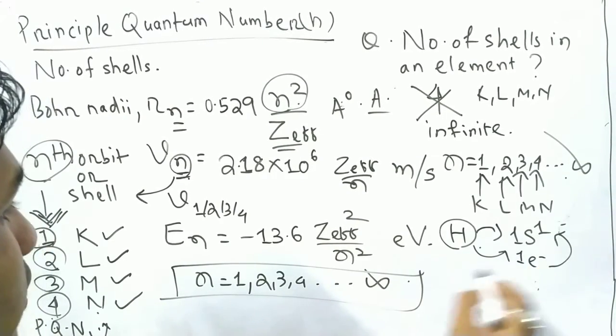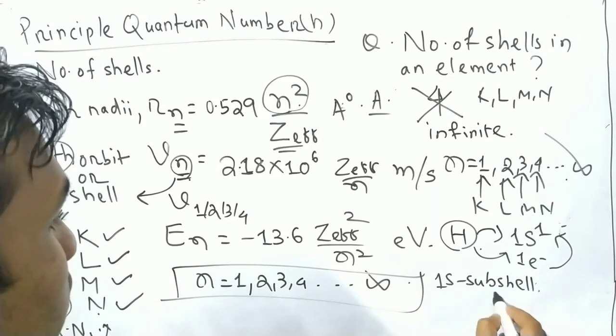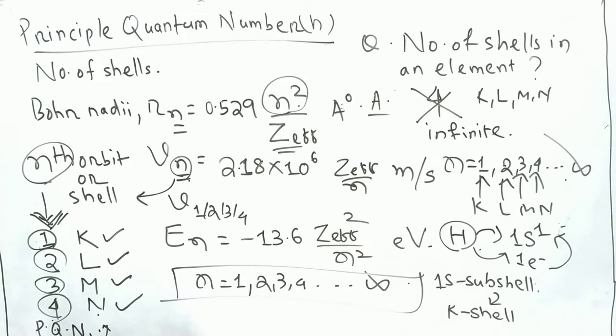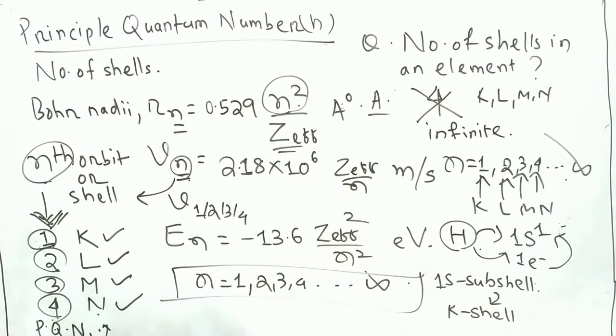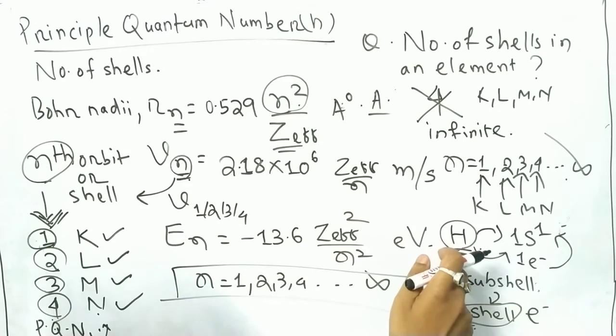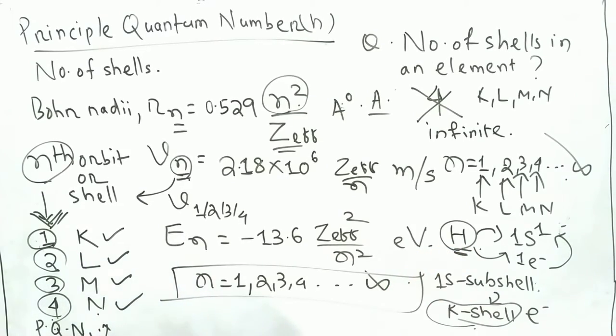It is in the 1s subshell, or in the K shell. But you have to remember one thing: the electron is in the K shell, but if you ask how many shells are in this element, the answer is obviously infinite.